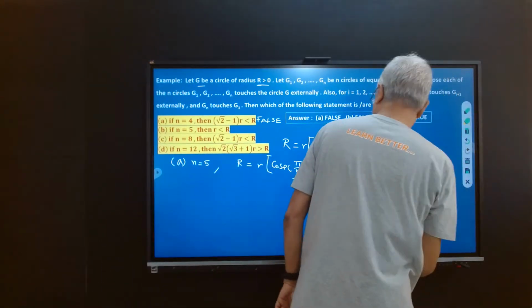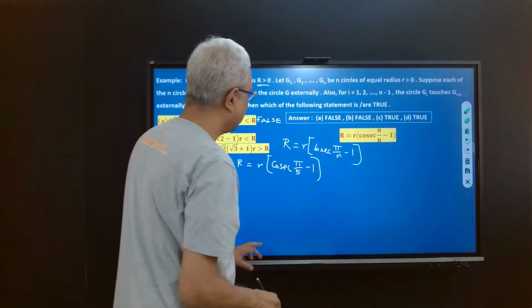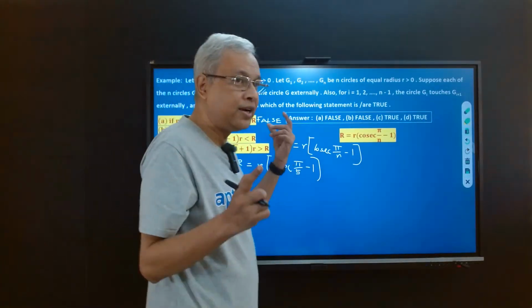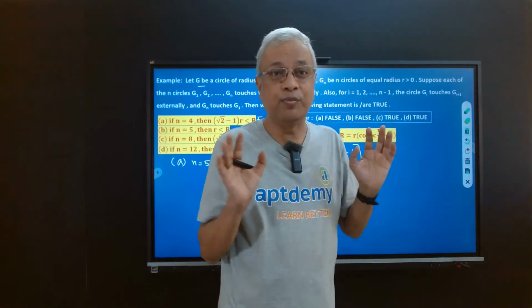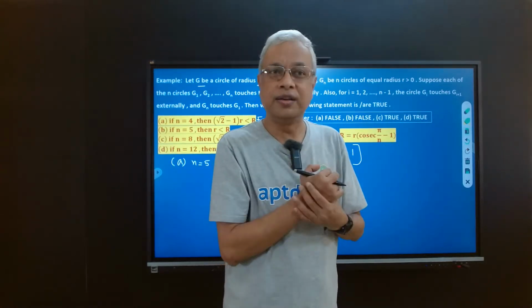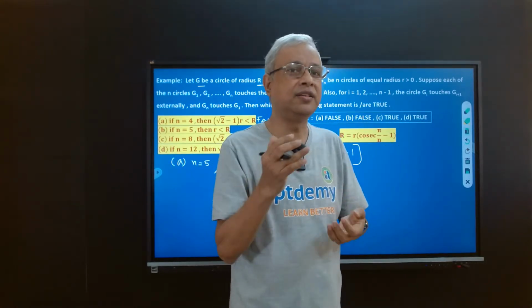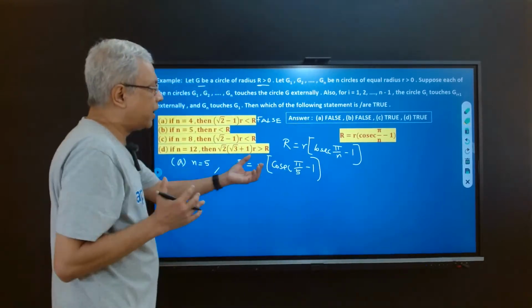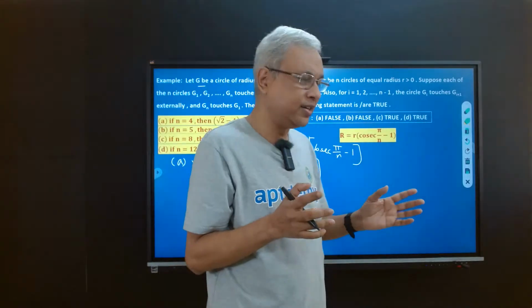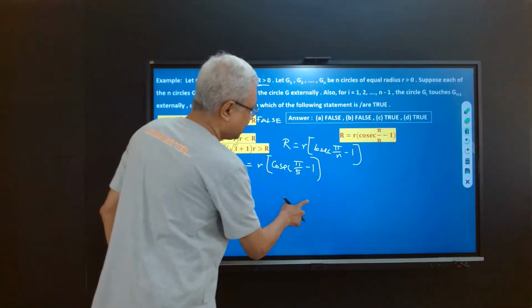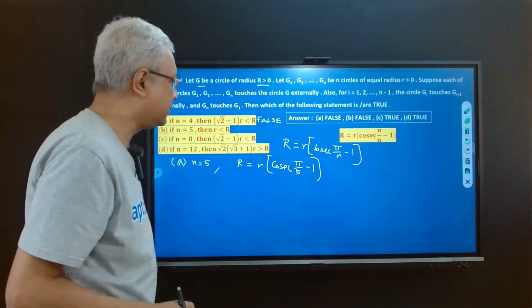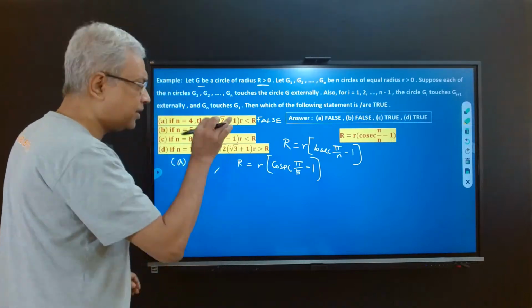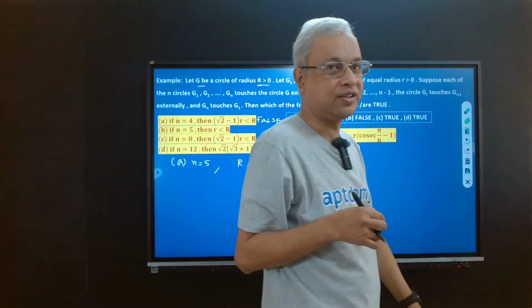What is the value of cosec pi by 5? If you can remember, because it is a standard angle, more or less 36 degrees, try to remember sine 36 degree, cos 36 degree, these values. But sine 18 degree, cos 18 degree, okay, there is another easy technique to tackle this problem. Only a little insight in trigonometry is required.